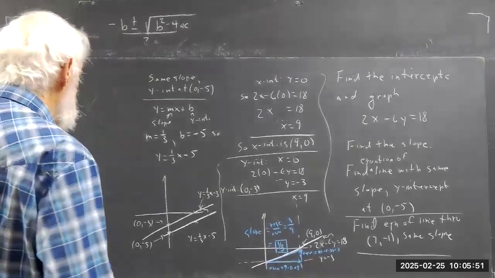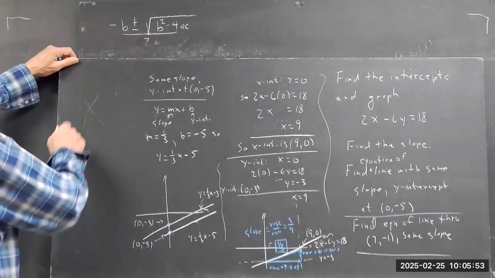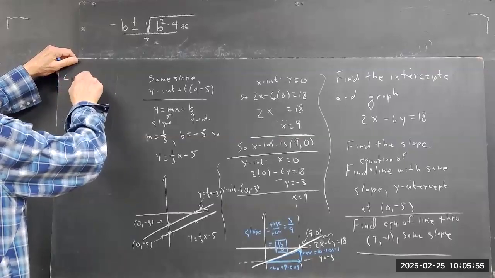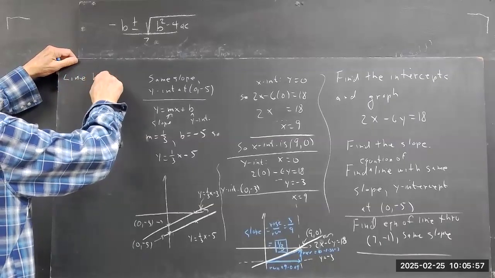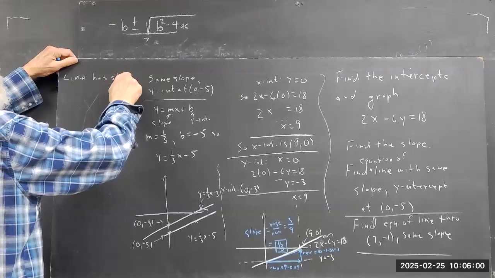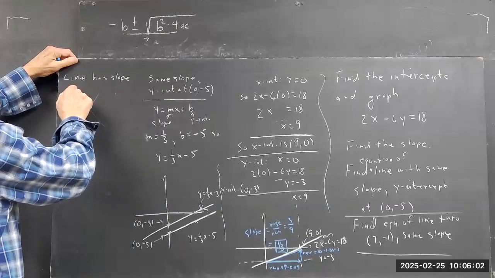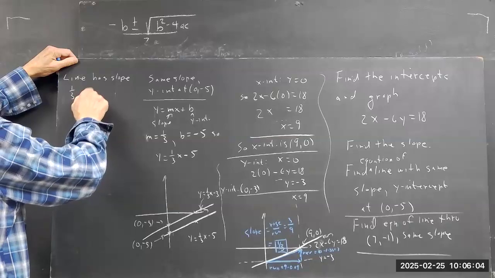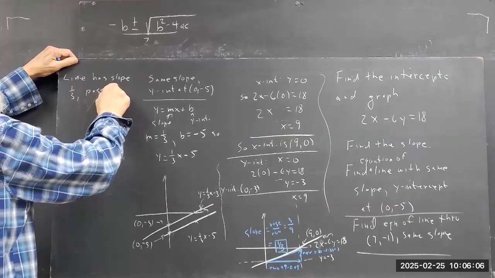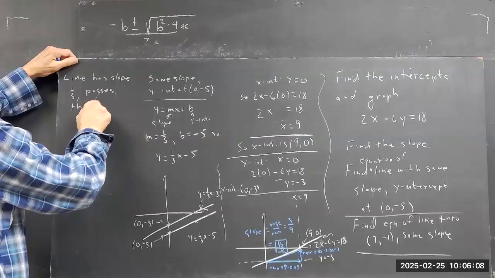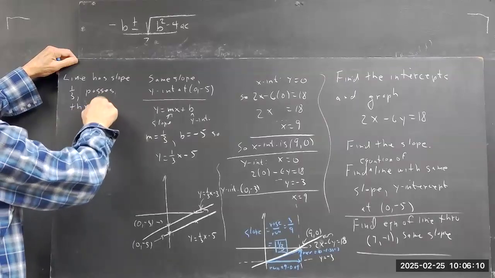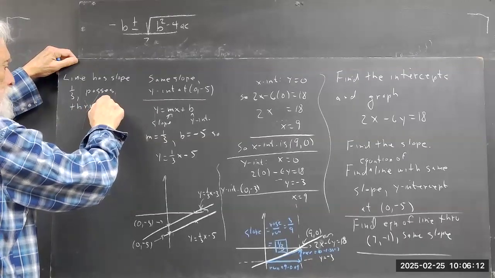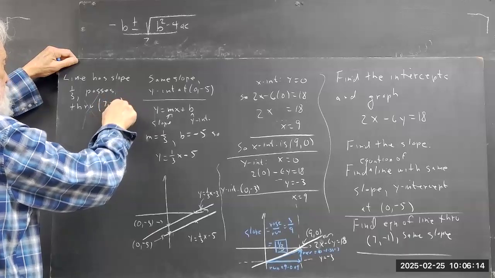Okay, so the line is through 7, -1, right? Yeah. Negative.